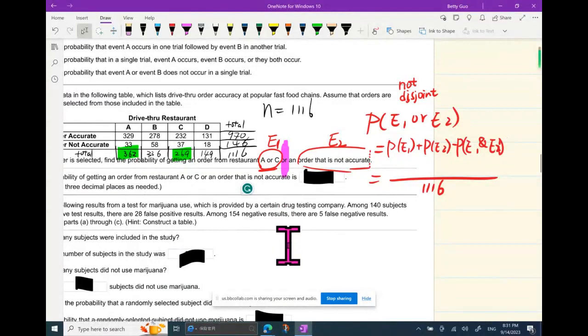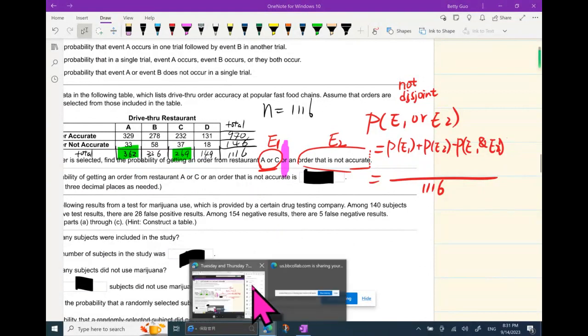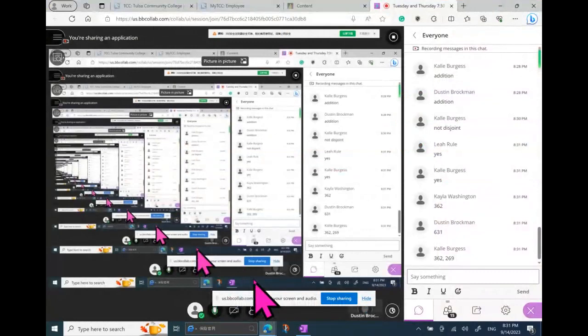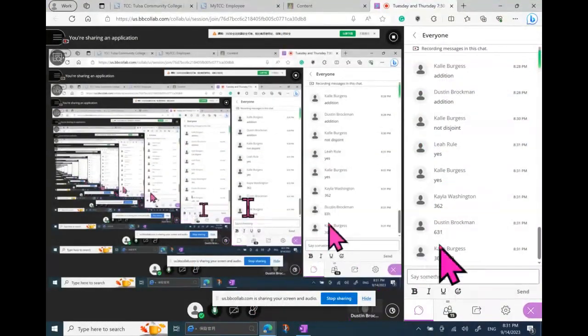E sub 1 represents the order from A or C. How many orders from restaurant A or restaurant C? Do we add them up? Yeah, Dustin is right, we add them up.